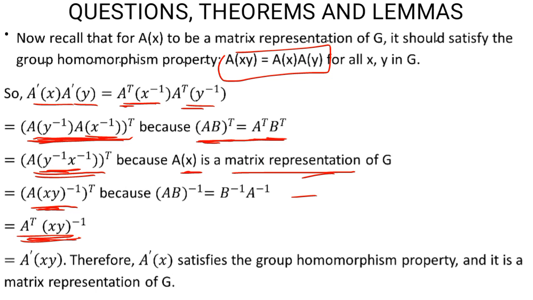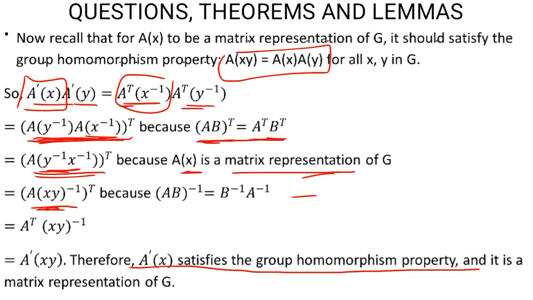And what is this? If this were X, let me just put a dot in between, it'll be this dot. Look at it from the definition here. Whenever I have X, it is just this. So if I have XY, it will be A prime XY, okay? Therefore, we have succeeded in showing that A prime X satisfies the group homomorphism property and is therefore a matrix representation of G. So the contragradient is also a matrix representation of G.